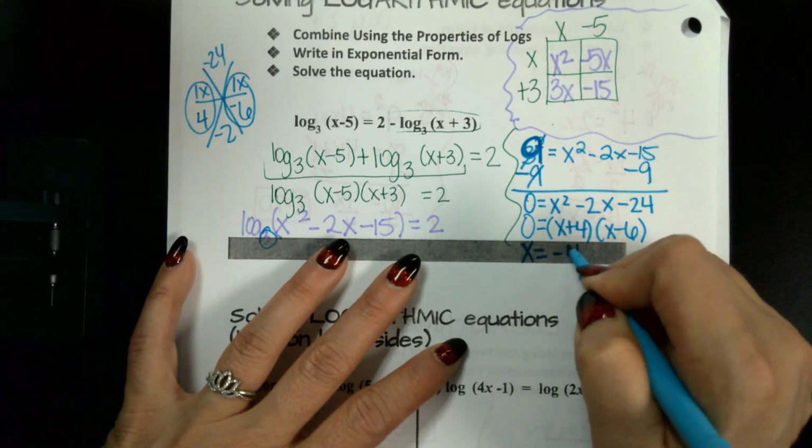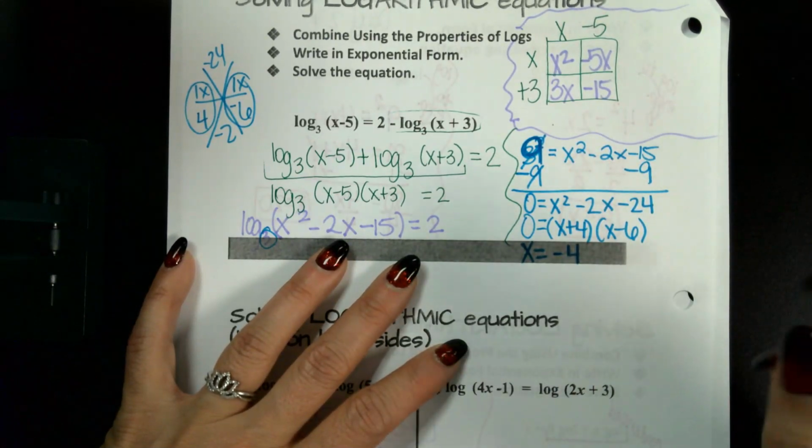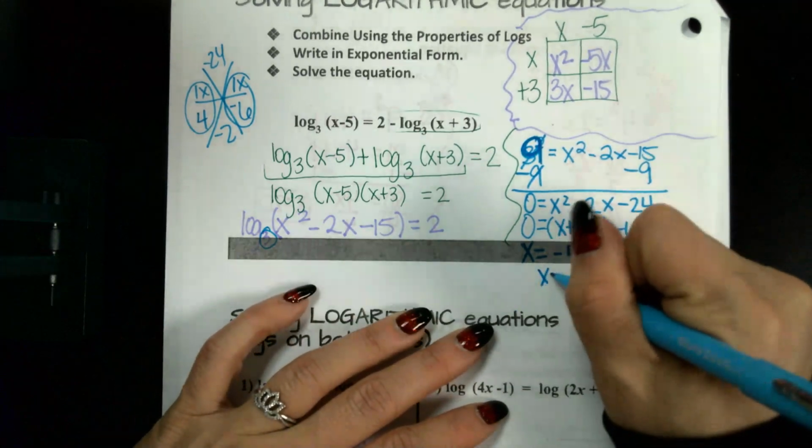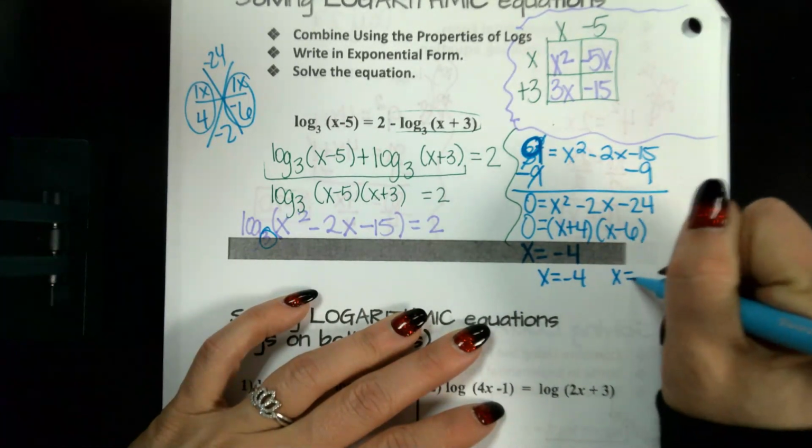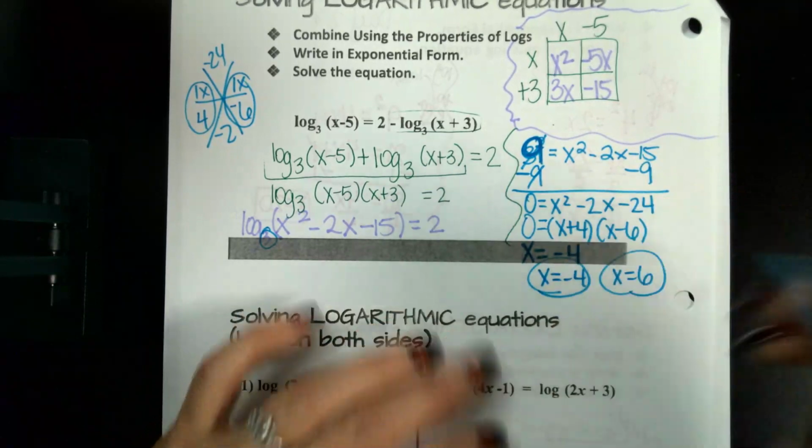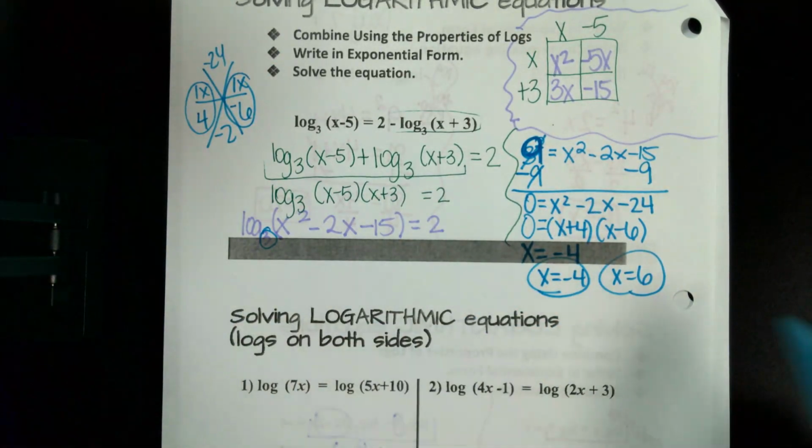X equals negative 4 and X equals 6. Okay, so right now we have two possible answers. One thing that you guys need to understand is, you all have your calculators, right?